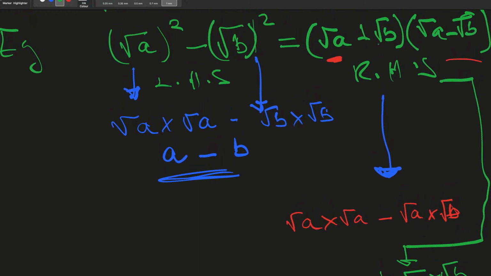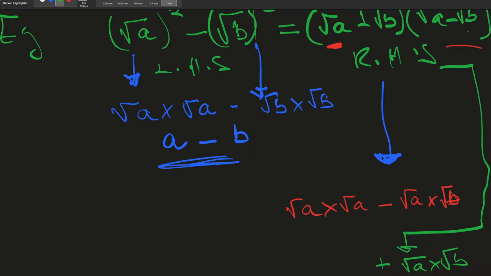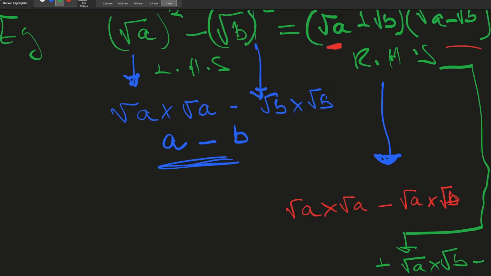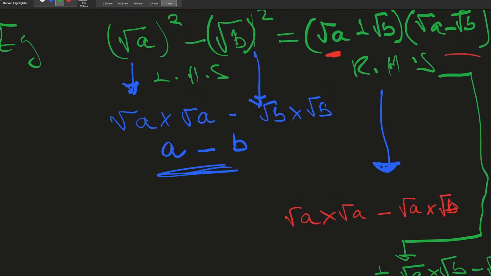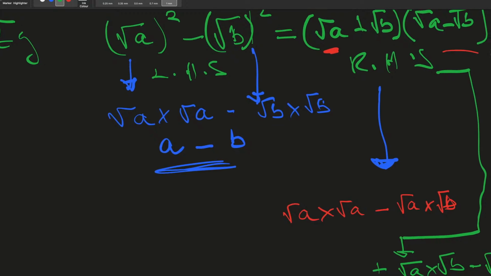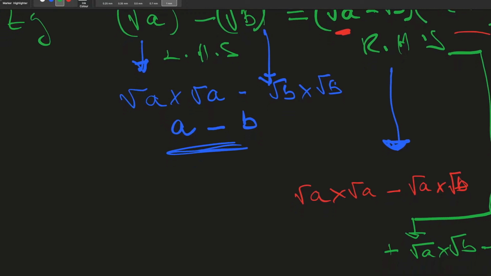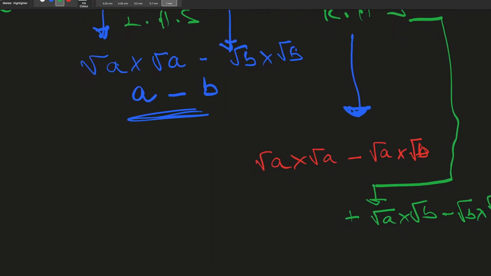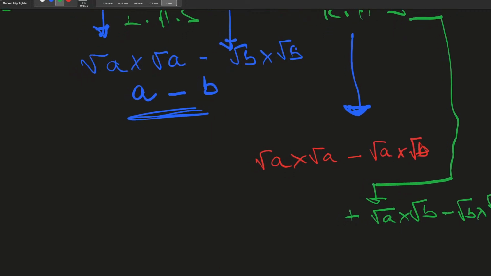Okay, then we'll multiply this by that. There's a minus sign, so this is a minus, root b times root b. Okay, now let's see. With this, we know that when we multiply root a by root a, we get a.